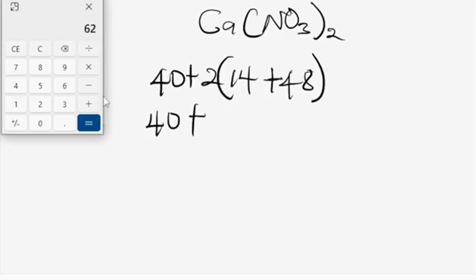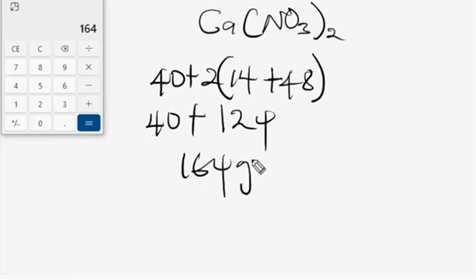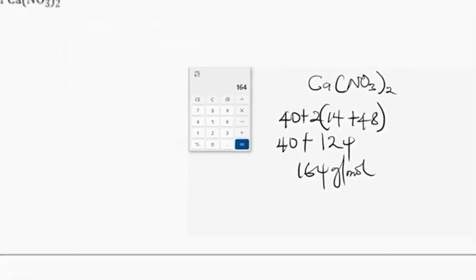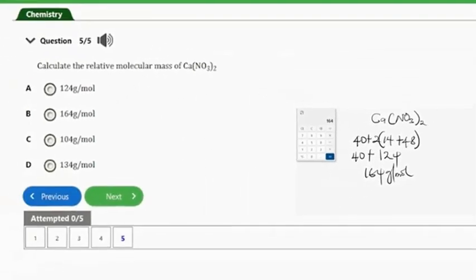So 2 times 62, that's 124. So 40 plus 124, finally we'll have 164 grams per mole. That's option B here, and that's the correct answer to this question. So let's go ahead and wipe this.